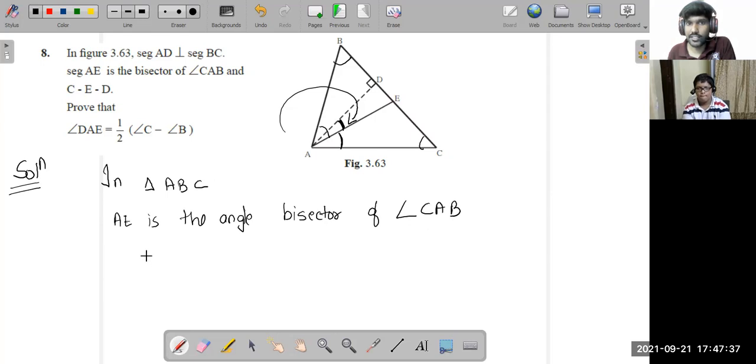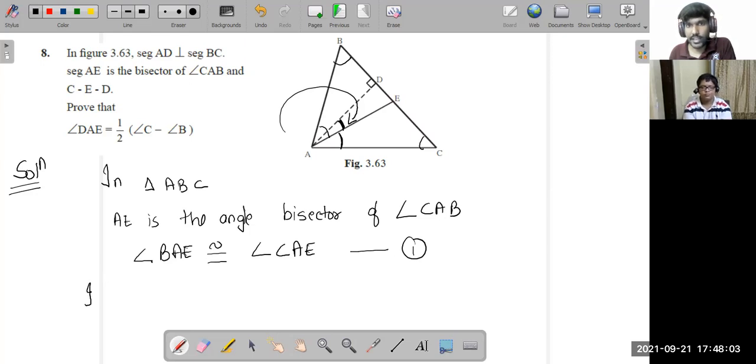Since AE is the angle bisector, angle BAE will be congruent or equal to angle CAE. Yes or no? Yes, sir. Okay, I'll number this as equation 1.